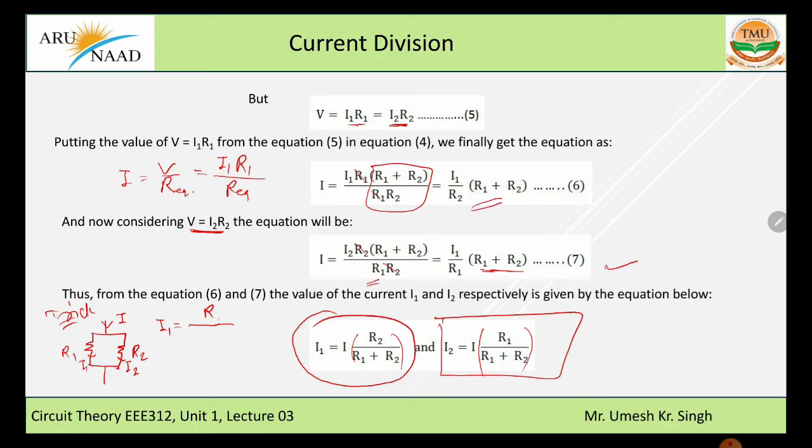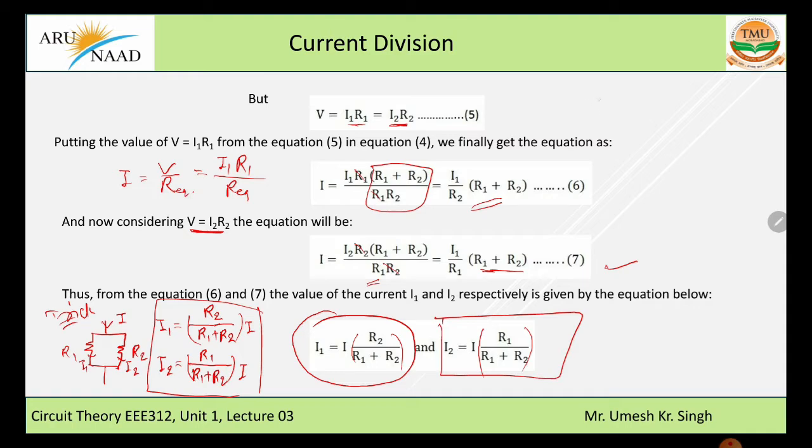You write the other branch resistance, R2, divided by R1 plus R2, multiplied by the total current. In the same manner, when calculating I2, forget about the resistance of this branch and write the other branch resistance, R1, divided by R1 plus R2, multiplied by the total current I. And you can see that this current is the same.